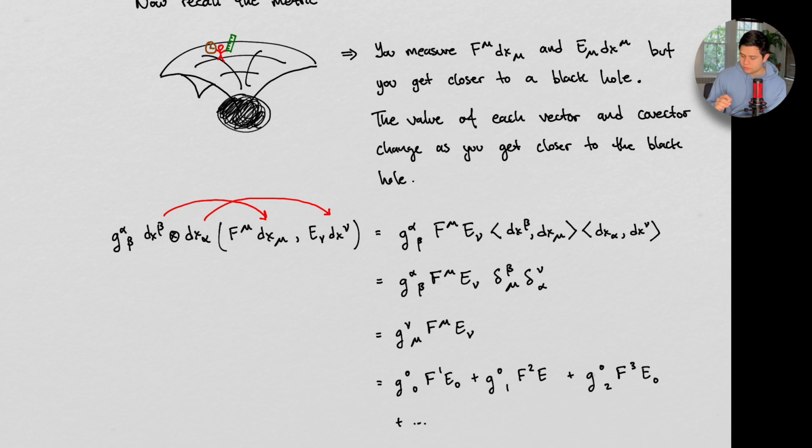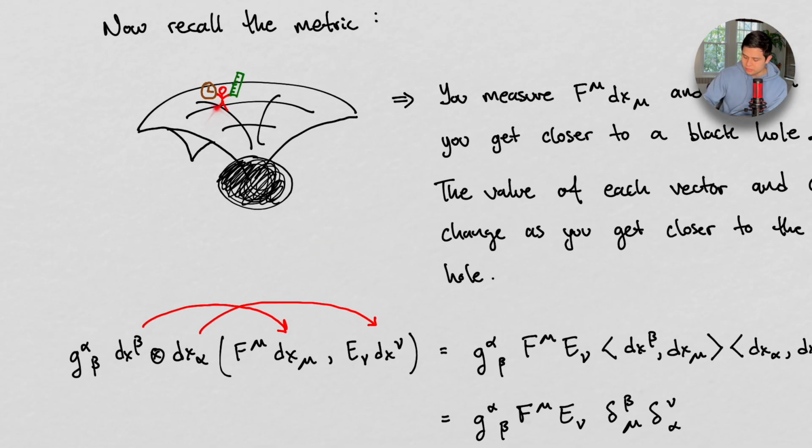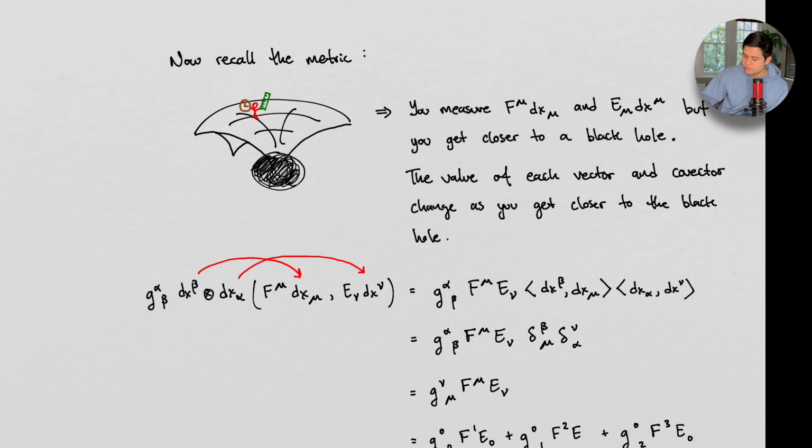Because we can measure the force at this point, but the force at this other point is going to be different, because our basis is going to change, our unit of measurement is going to change, because of, again, time dilation and length contraction.